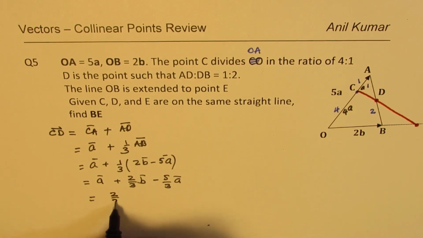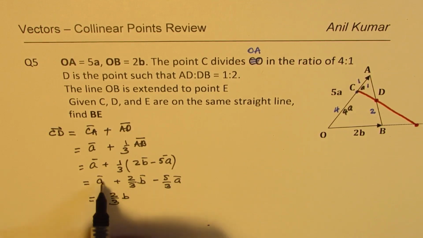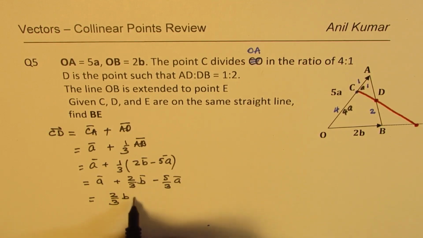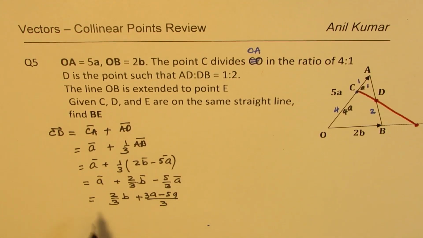Let's combine the like terms. So what do we get? We get 2 over 3 B, and as far as A is concerned, let's rewrite. We'll cross multiply, so we'll have 3A minus 5A over 3. Does that make sense? Right. So we get 2 over 3 A with a negative sign.